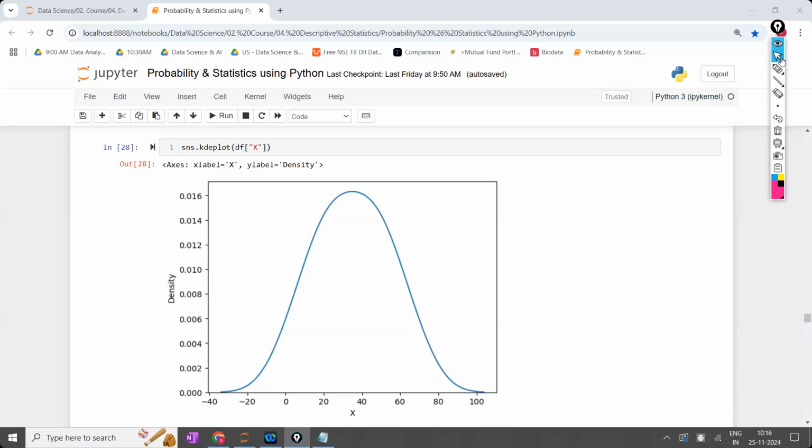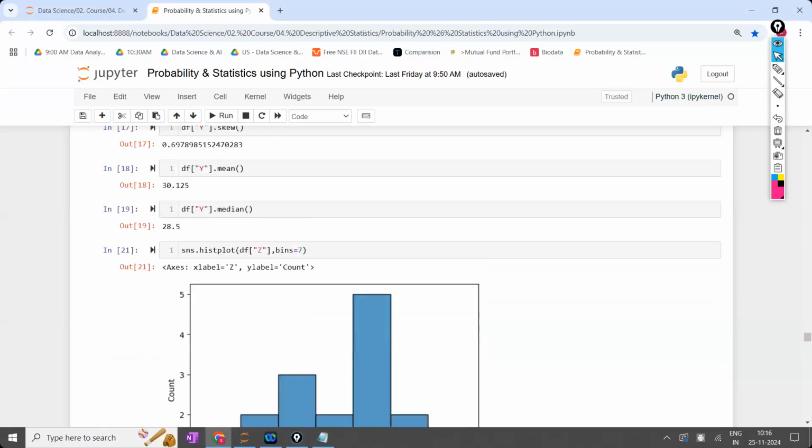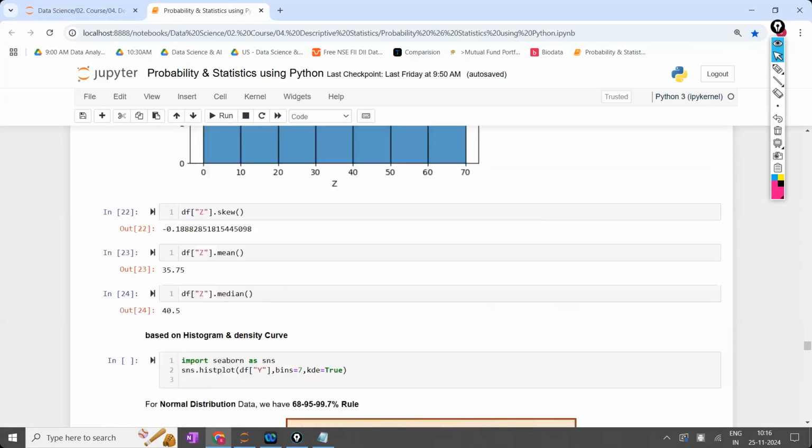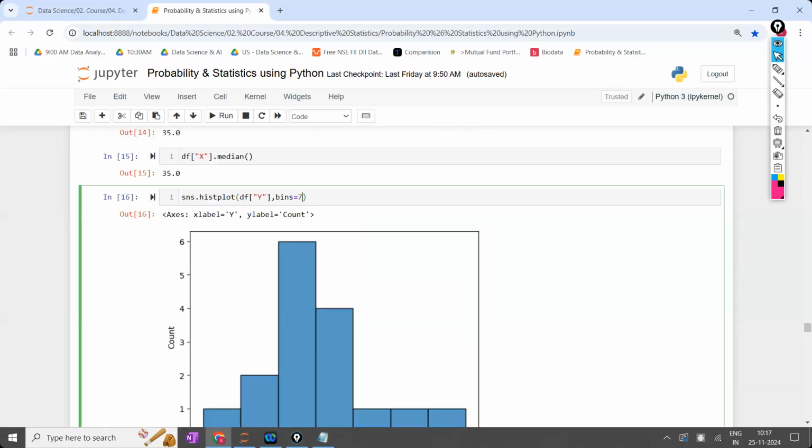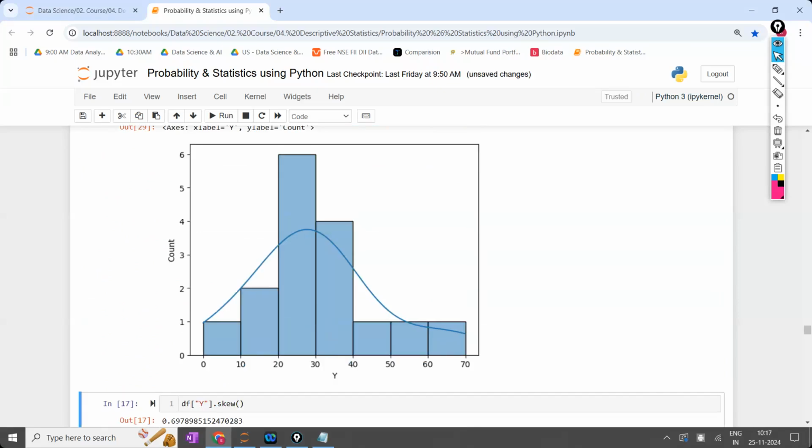Now, similarly, I'm going to apply it for the Y column also. Now tell me for this Y column. Wherever the Y column, comma, KDE, I'm writing here KDE equals True. Now, whether the curve you are having is symmetrical.